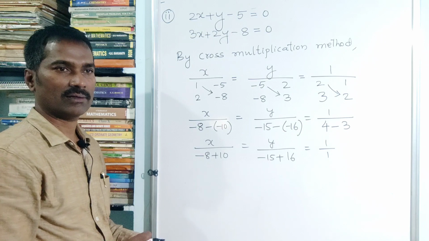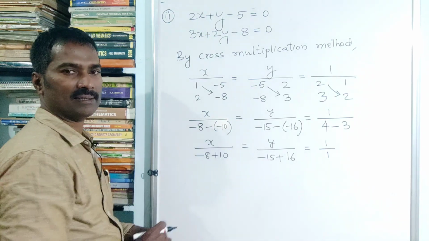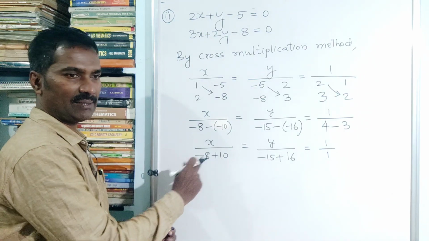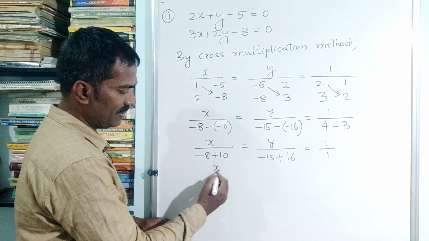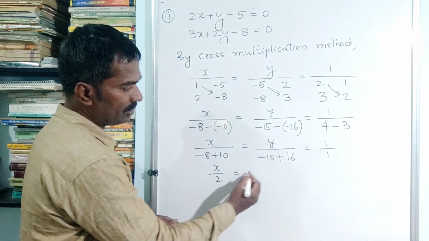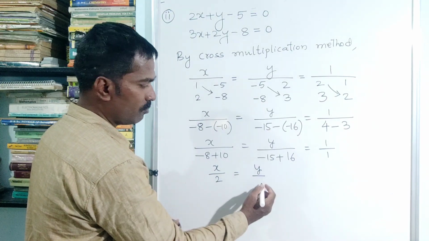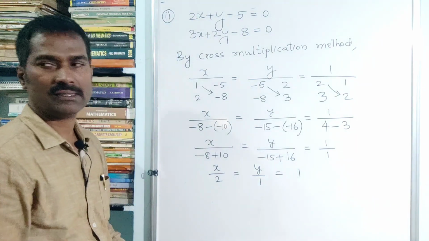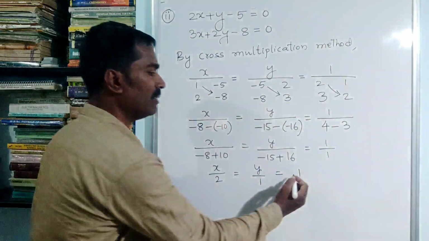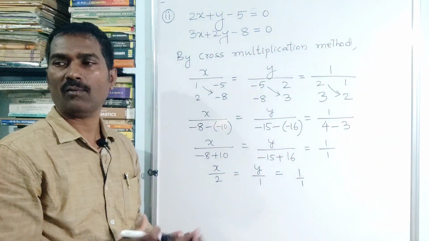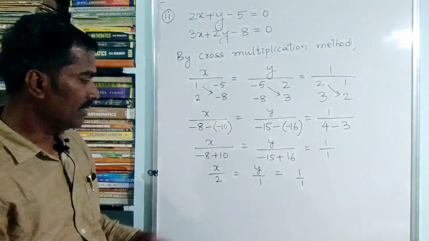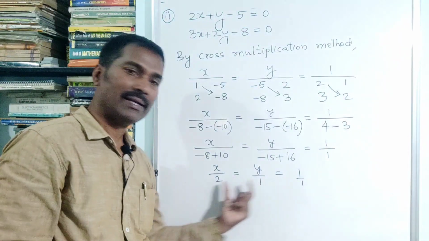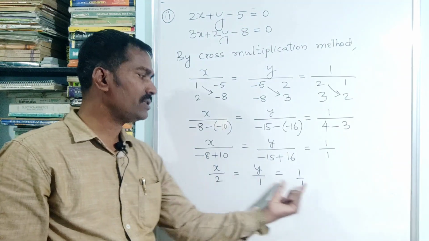Minus 8 plus 10 is 2. x divided by 2 is equal to y divided by 1 is equal to 1 divided by 1. I'll write 1 itself, it is enough to write 1. Now, since these 3 are equal to one another, I will write x by 2 is equal to 1 by 1.